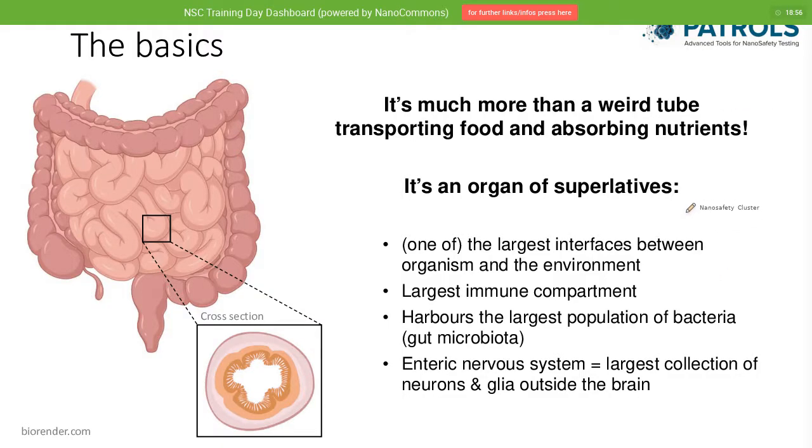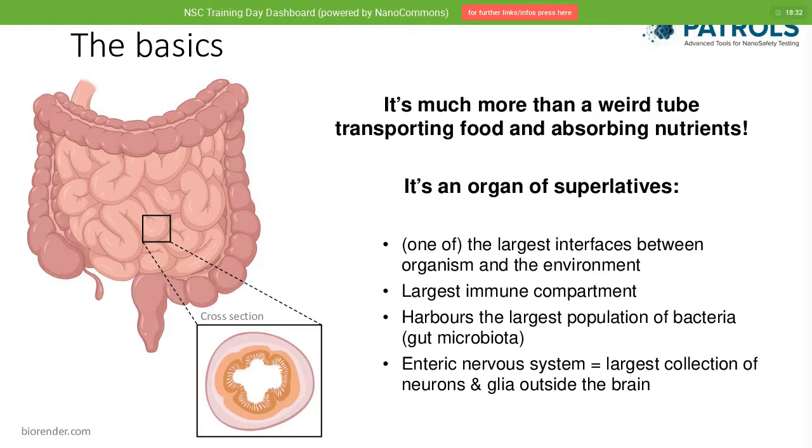However, I would really like to point out here that it's just a lot more than a weird tube that transports your food and magically absorbs nutrients, but it really is an organ of superlatives. It is forming one of the largest interfaces between the organism and the outside environment, which can be seen here in this cross-section that I've included as an example.